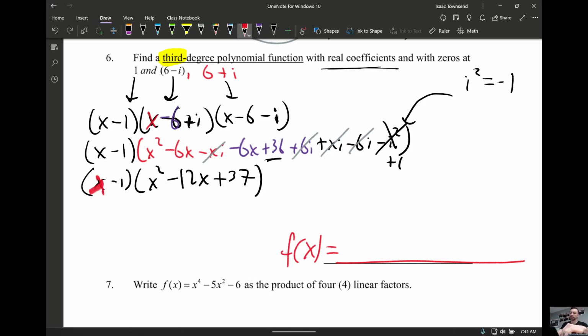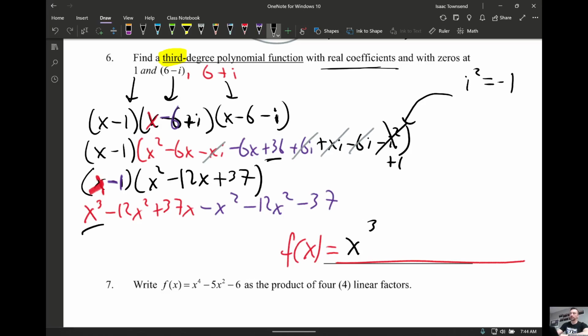So do x times all three of these. And then -1 times all three of these. And then if we combine like terms, we should have our answer.